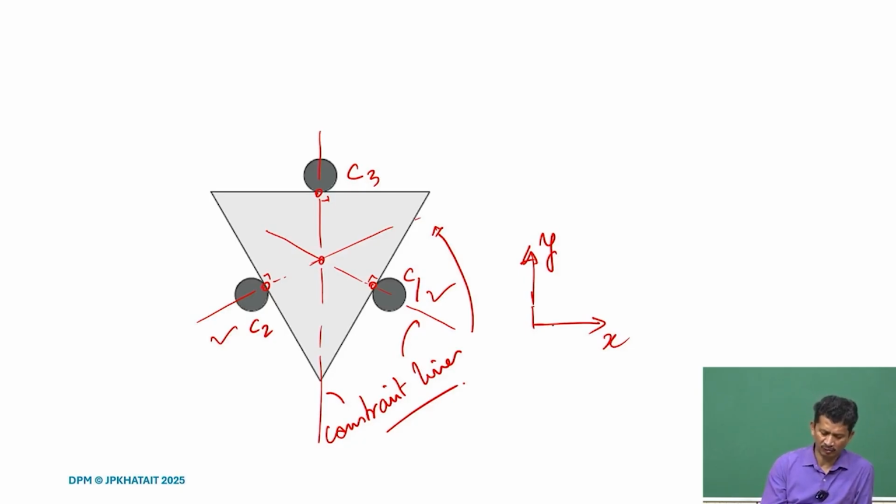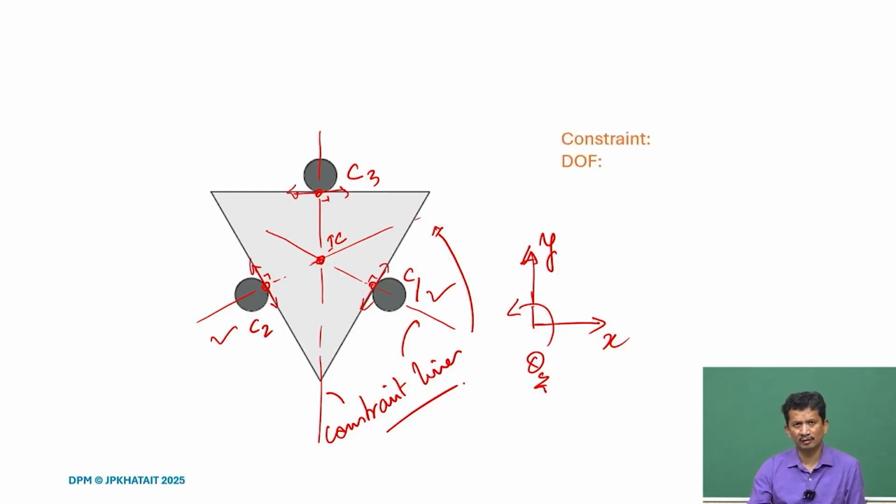But when we talk about theta z, if you try to rotate about an axis passing through the IC where they are intersecting, none of them provide any constraint because all are tangential and it can rotate. So, although it looks like 3, the constraint is 2 only.